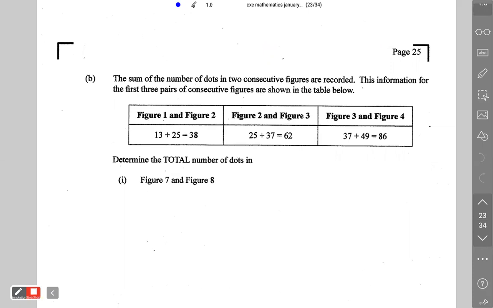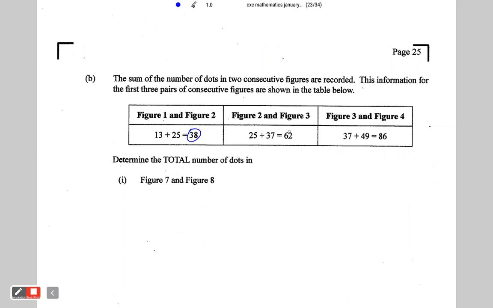All right, here's what I noticed. I noticed that the difference between this number here and this number here is 24. And I notice here also that the difference between 62 and 86 is also 24. All right, and as I said, I always try to establish some connection between the figure number and the values.